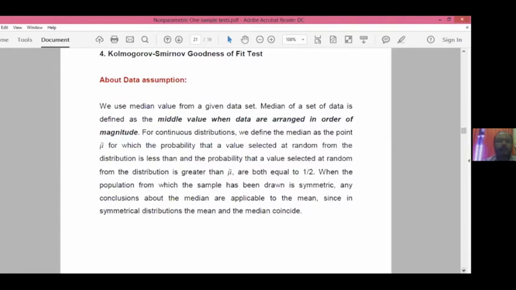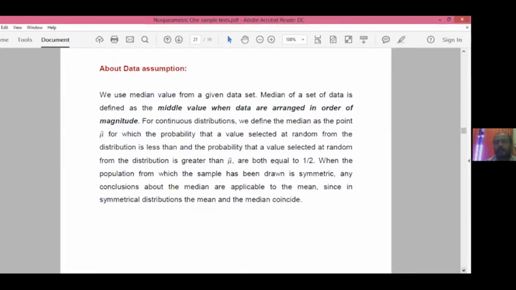When the population from which the sample has been drawn is symmetric, any conclusions about the median are applicable to the mean, since in a symmetrical distribution the mean and median coincide, as already told.